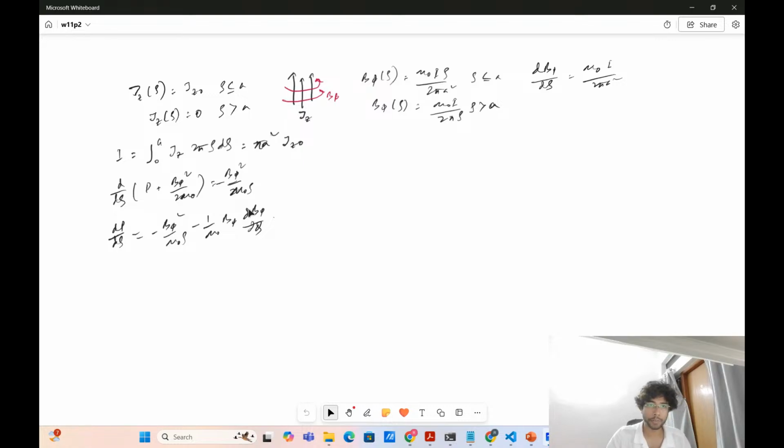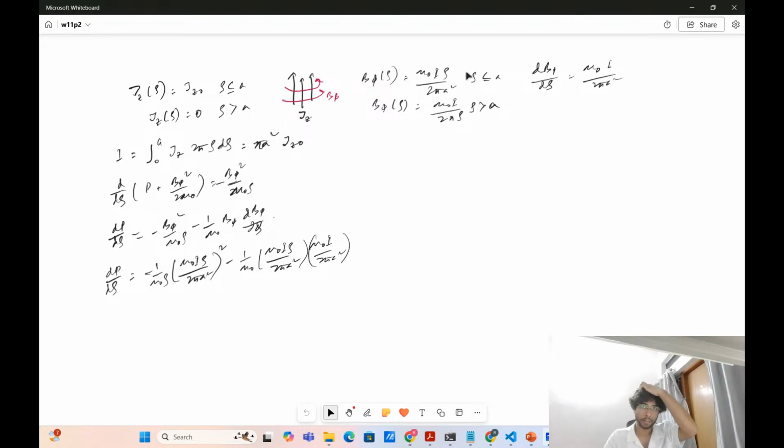And if we substitute db phi by d rho from here, what we will get is dp by d rho equals minus 1 by mu naught rho, mu naught I rho by 2 pi a square, so this is b phi square, minus 1 by mu naught b phi times db phi by d rho. So this is only for rho less than or equal to a. Okay.